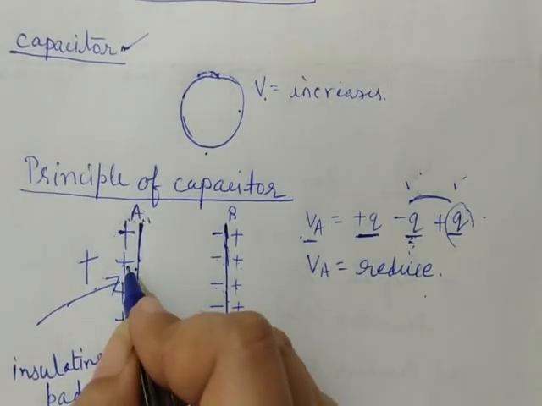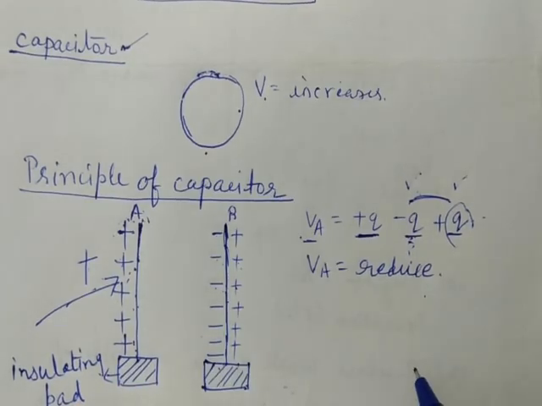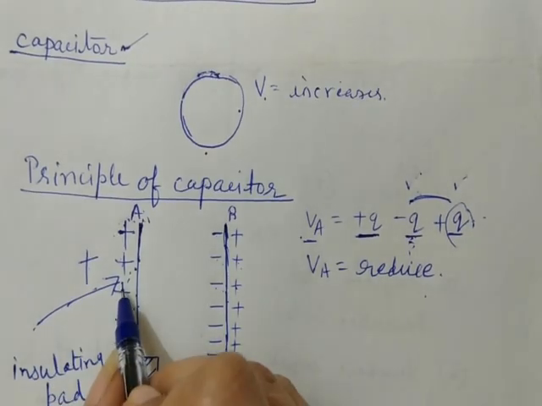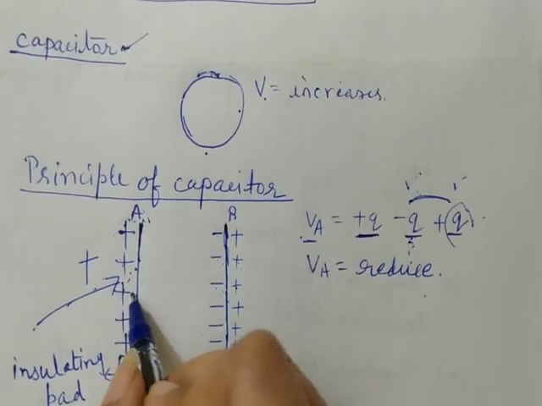Its capacity will increase. Now, we further want to increase its capacity. One amount of charge has been supplied, but after that also we want to increase its capacity.